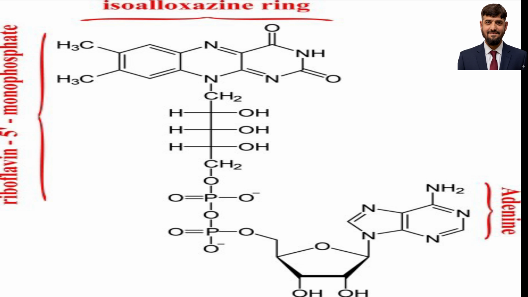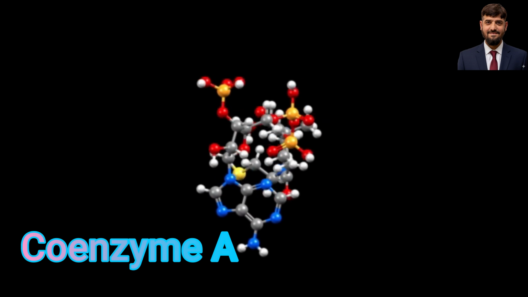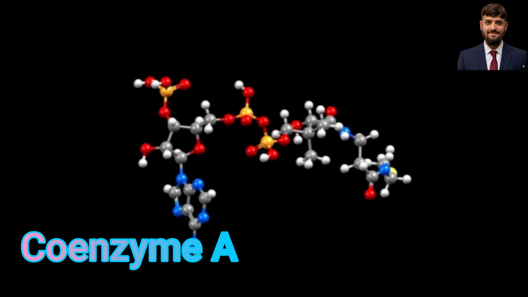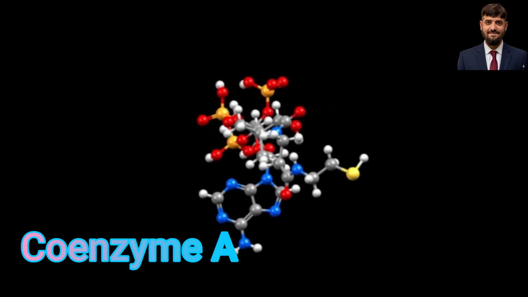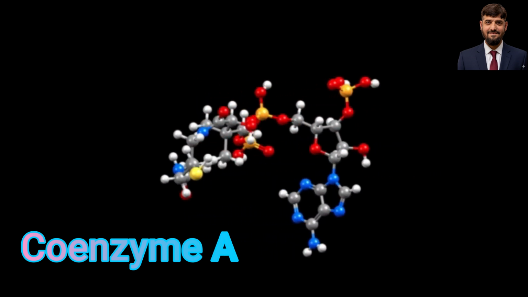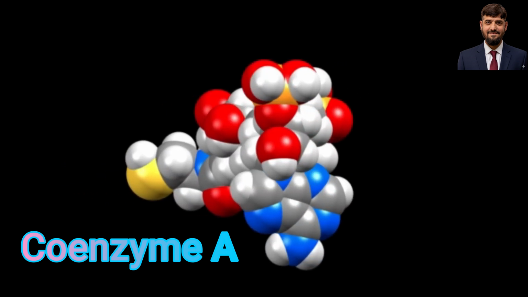It is derived from vitamin B2 and it is reduced to FADH2. FAD is involved in the formation of double bonds. Next is coenzyme A, which contains pantothenic acid and transfers the acetyl group from acetyl-CoA, a key metabolic molecule. These coenzymes act as carriers of electrons and chemical groups.